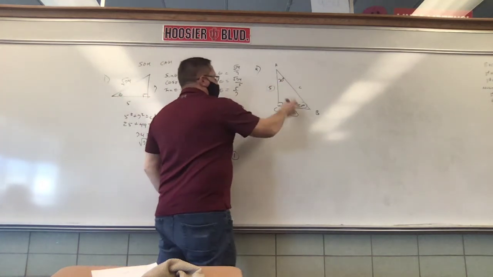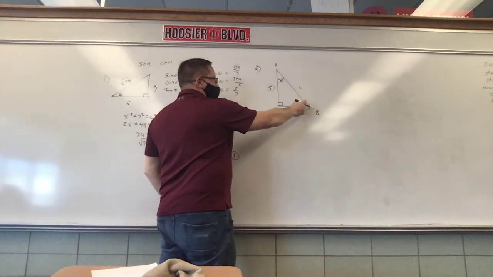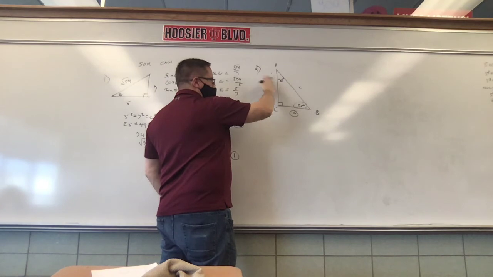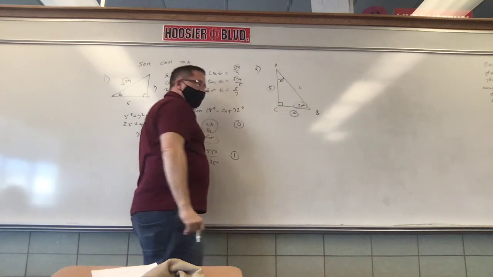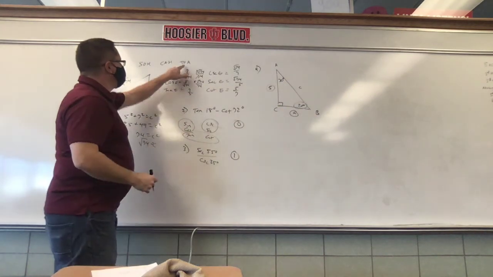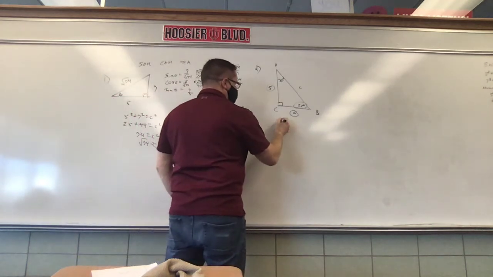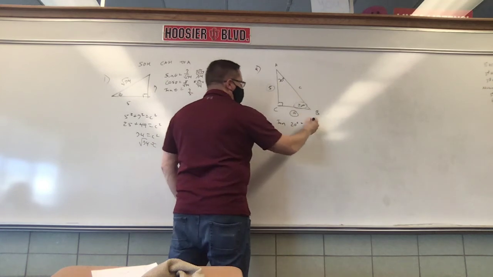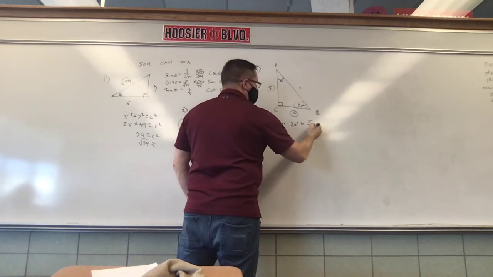So these are the 2 sides I'm going to use. If we use this angle, what trig function am I using? This is opposite and adjacent, so I'm going to use tangent. Tangent of 20 degrees equals opposite 5 over little a.